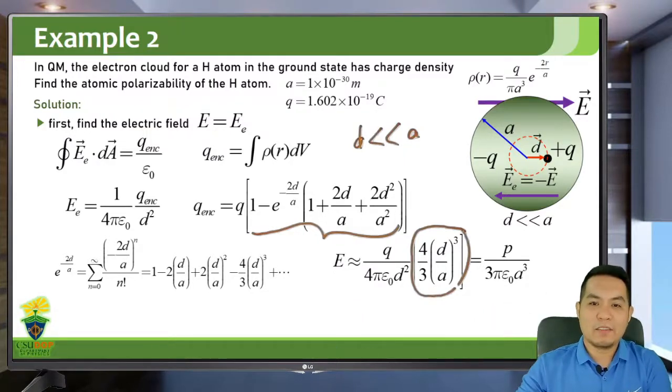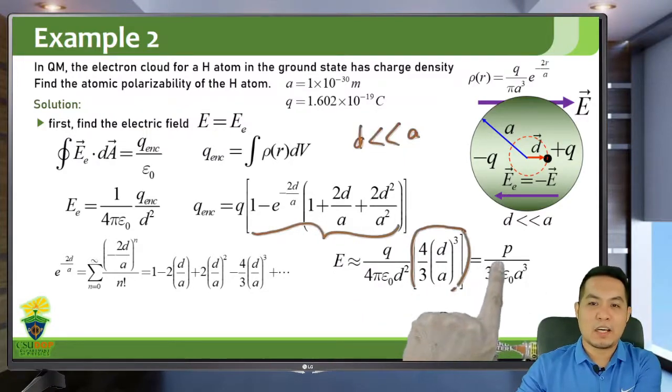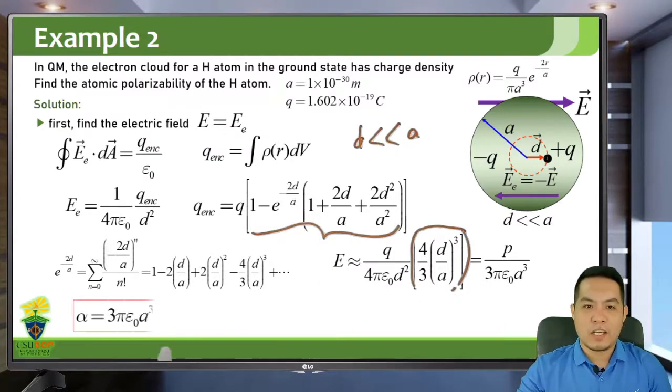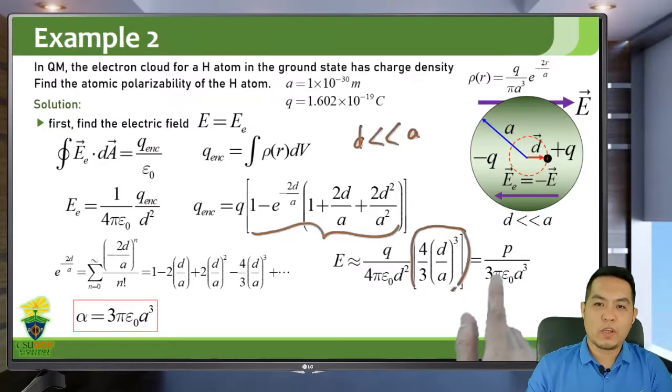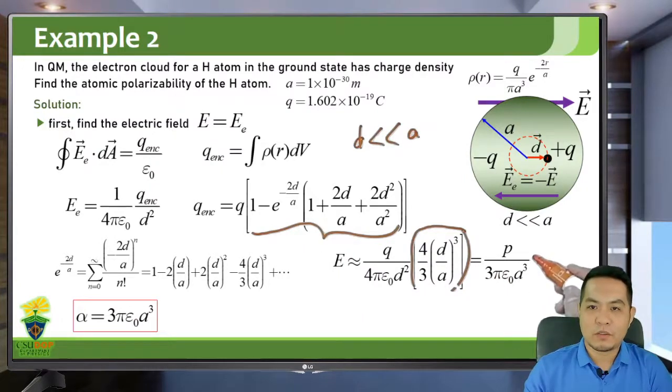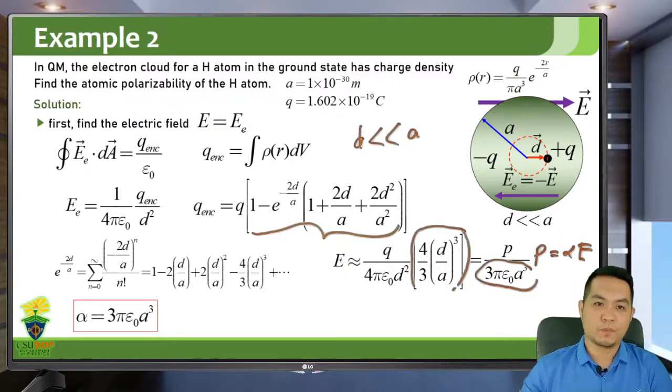So we rewrite this equation, and we see that, take note, p is equal to alpha E. And basically, this is our alpha here, 3 pi epsilon naught a cubed. So this is the quantum mechanical result.